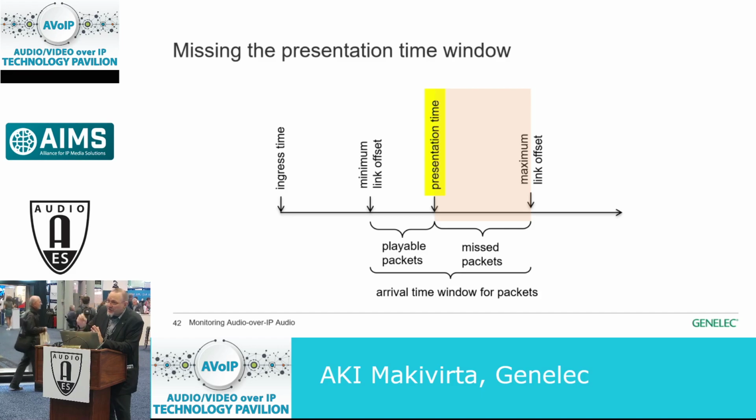But if you decide to put less audio into each packet, you can send it off earlier, so you can spend less time sending the audio into the network, and also less time receiving the audio. So these different concepts are linked together, and you would have to consider them when you are setting the desired presentation time that you want to use on your network.